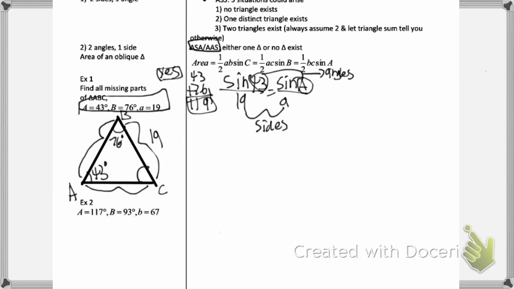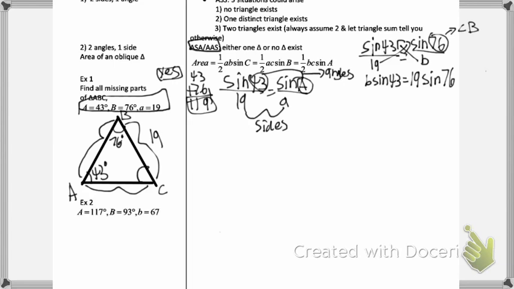So over here towards the side, sine 43 over 19 equals sine of 76 over B. 76 is angle B. So let's cross multiply: B sine 43 equals 19 sine 76.